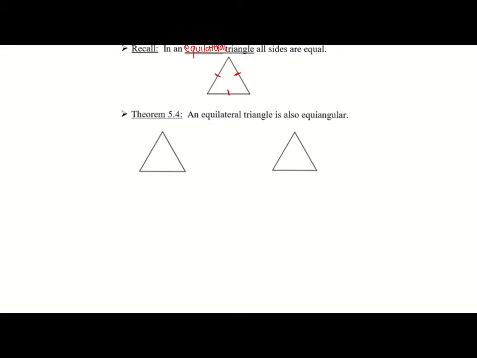Our first one says that an equilateral triangle is also equiangular. And if you remember from last week, equiangular means all angles are the same.